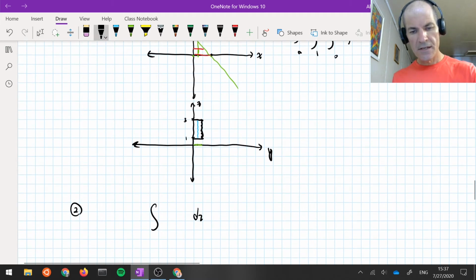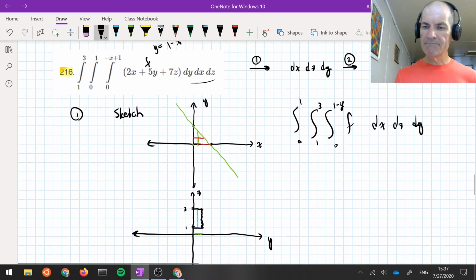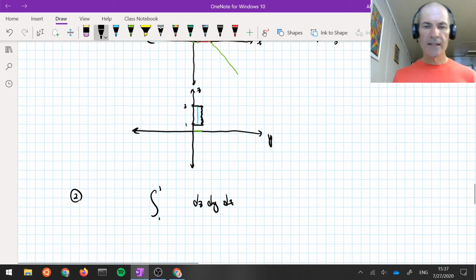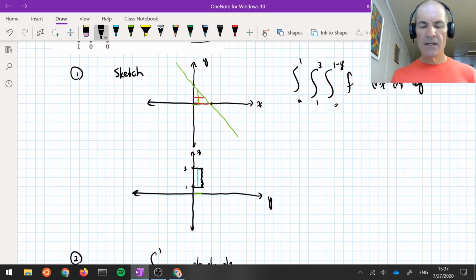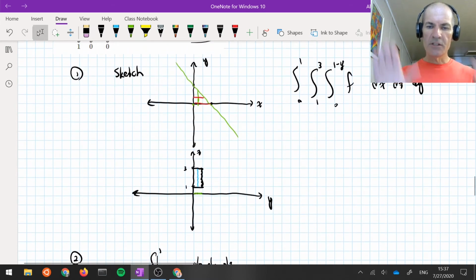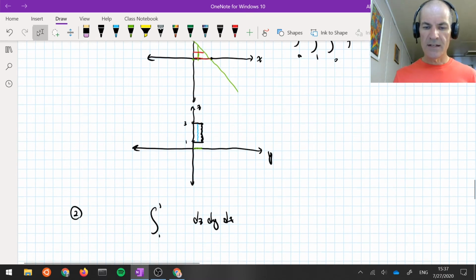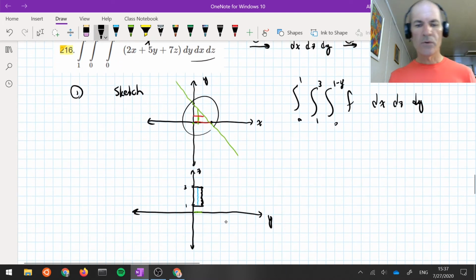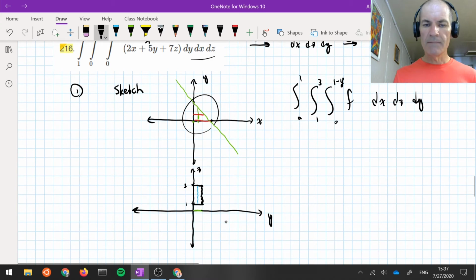So dz, dy, dx, like that. Z is going to go from 1 to 3. Now if we take that figure and we smash it down into the remaining variables, in other words x and y, what do we get? We get this figure, the one that we sketched in the first part.